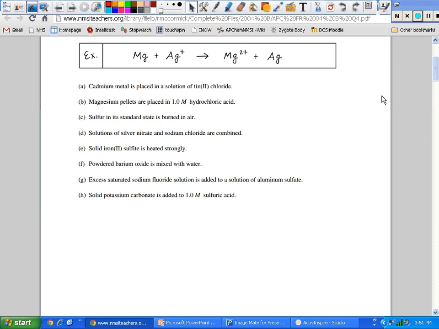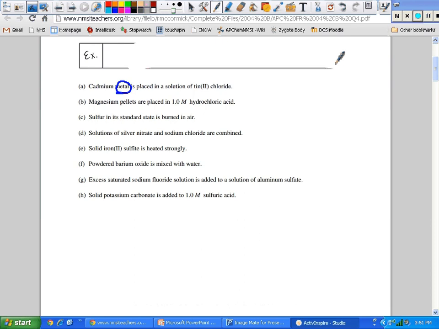So cadmium, Cd, and it's neutral, is placed in a solution of tin-2 chloride. So let's see what happens. Tin-2 chloride, let's write the honors version, SnCl2. What type of reaction is this going to be?